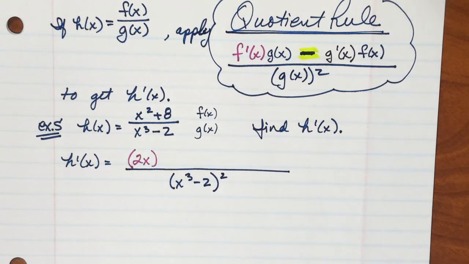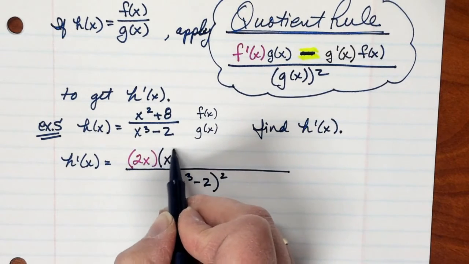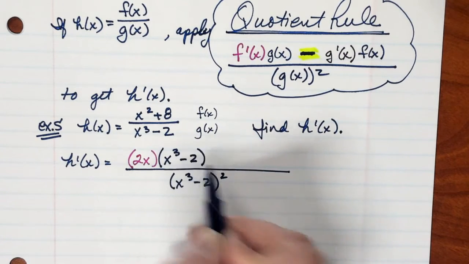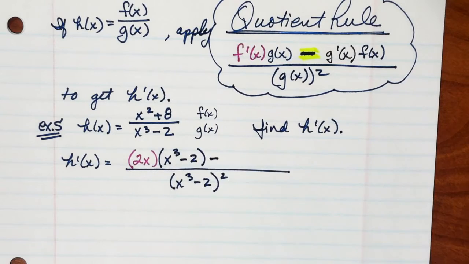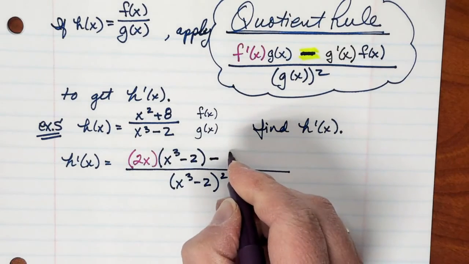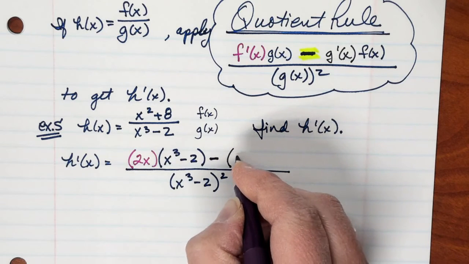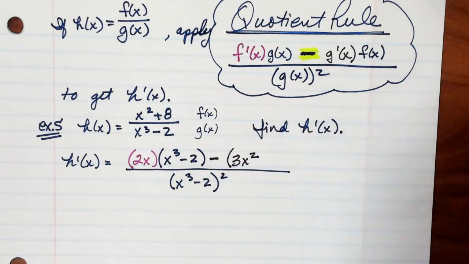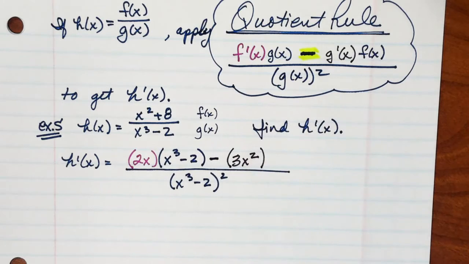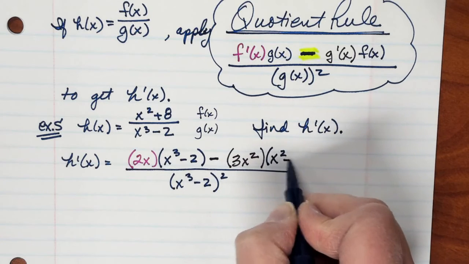We're going to multiply that by function g, so x cubed minus 2. We subtract, and now we take the derivative of the denominator, which is 3x squared, and we're going to multiply that by function f, which is x squared plus 8.